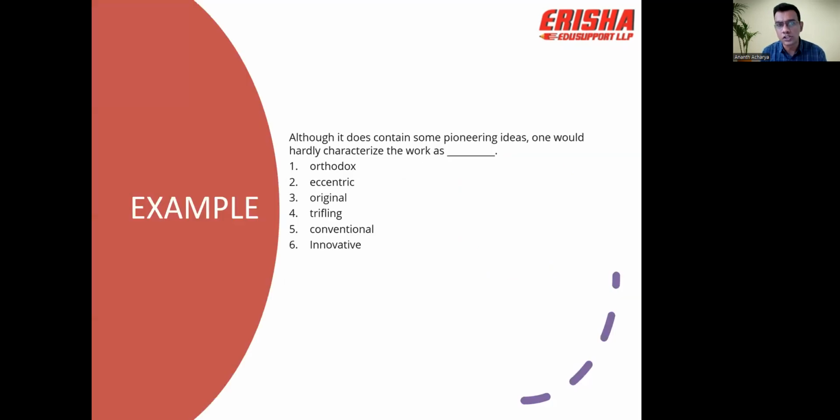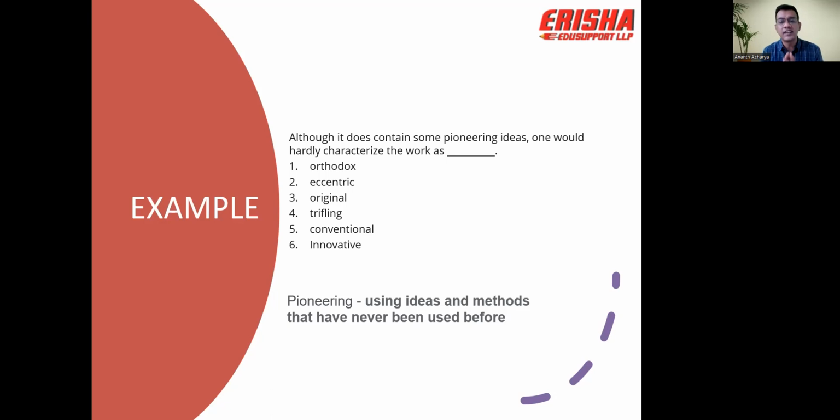So how do you solve such questions? Let's take an example. This question says, although it does contain some pioneering ideas, one should hardly characterize the work as blank. Now, there are two things that you have to focus on here: the word although, which is very critical, and understanding what pioneering means. So what is pioneering?